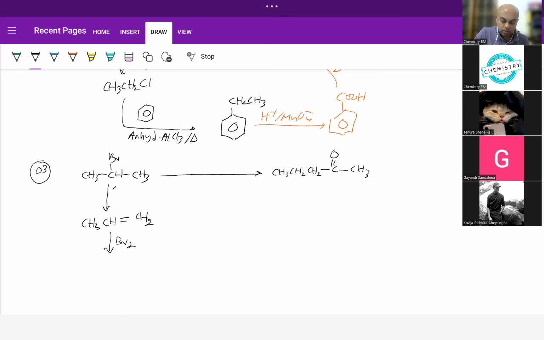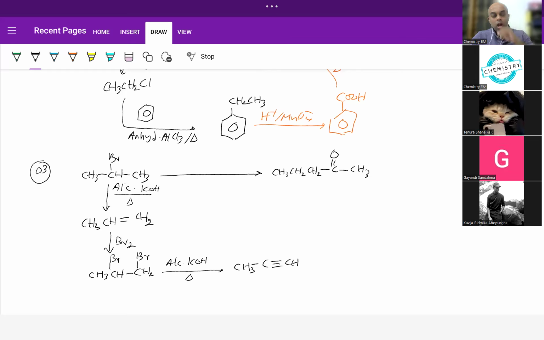Here you have to add alcoholic KOH and heating. Then I will have CH3, CHBr, CH2Br. Then again I am adding alcoholic KOH and I am heating. Then I will have CH3, C triple bond CH.